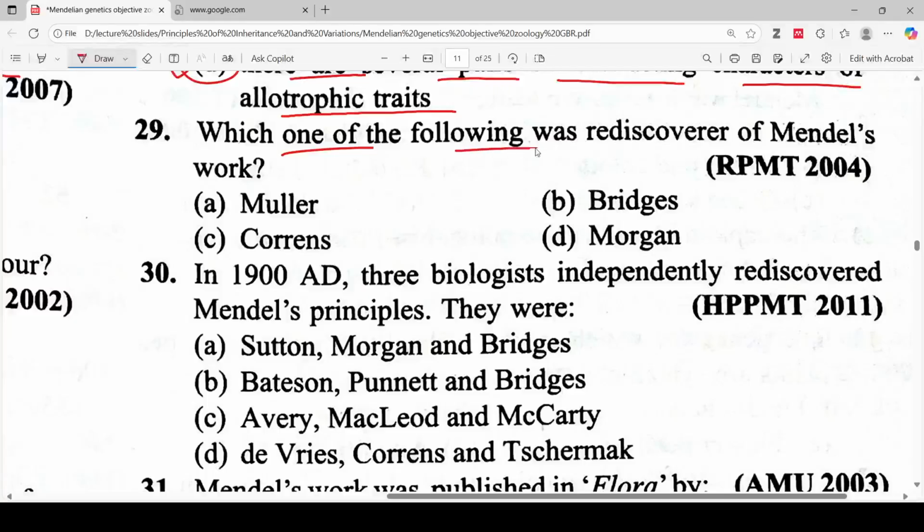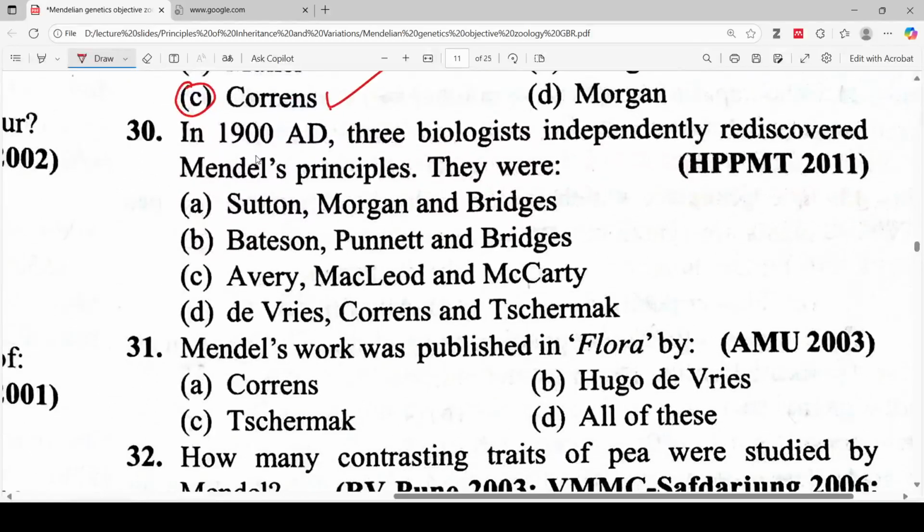Which one of the following was a rediscoverer of Mendel's work? Muller, Correns, Bridges, and Morgan. So the correct answer is option C. Next question. In 1900 AD, three biologists independently rediscovered Mendel's principles.